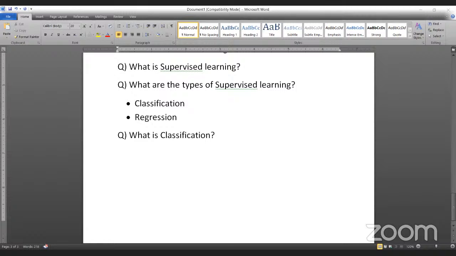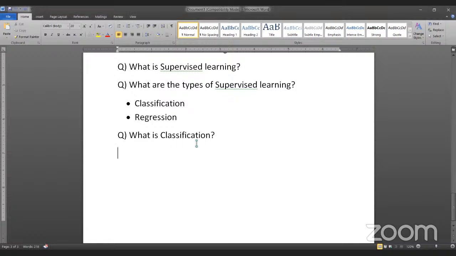So when the output is in discrete form or in the form of classes, we call it a classification problem. Output is discrete, so we can call it a classification problem.